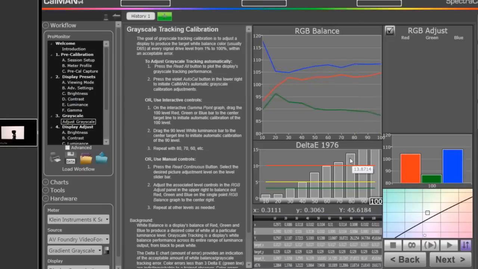In fact, it's 13.8. And so what we're going to be wanting to do is to bring together the red, green, and blue levels across the entire luminance range so that the amount of error is down below an acceptable level. What we're going to do first is we're going to select a level of 80.